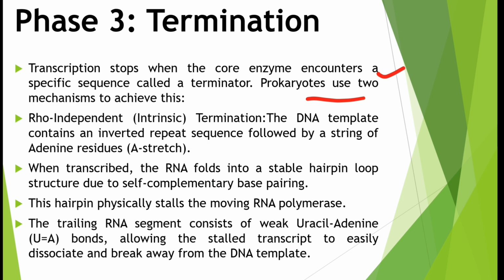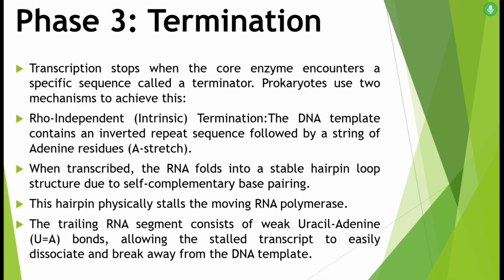Prokaryotes use two strategies to achieve termination. The first is rho-independent termination, otherwise called the intrinsic pathway, where the DNA template contains an inverted repeat sequence followed by a string of adenine residues.